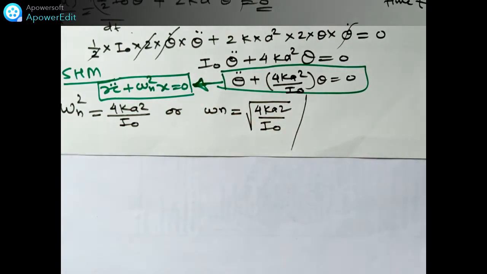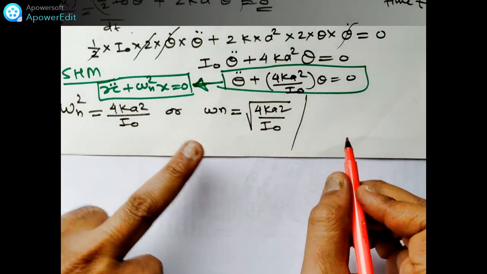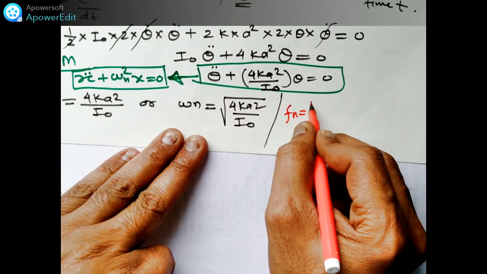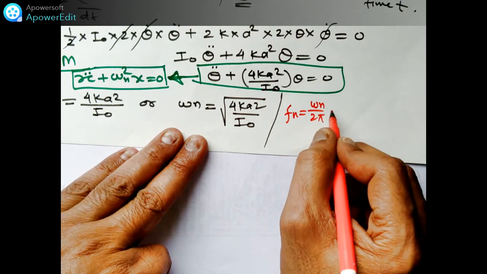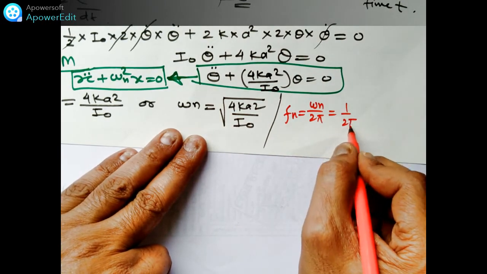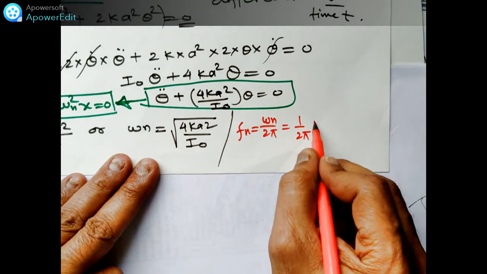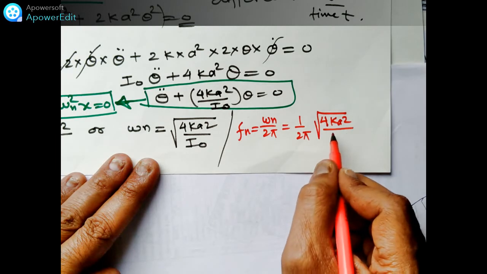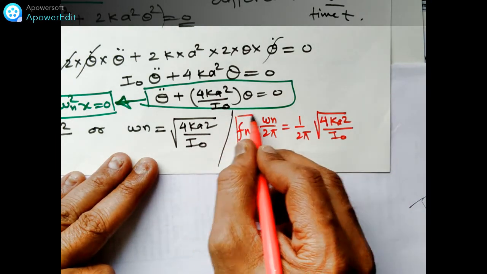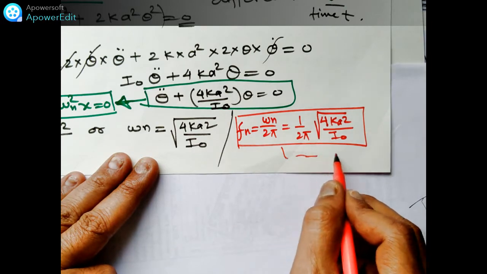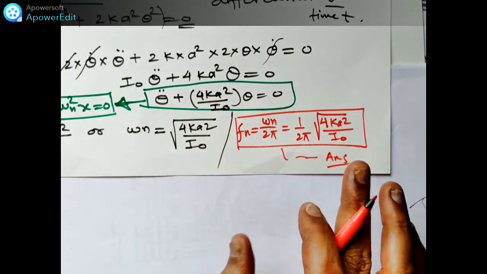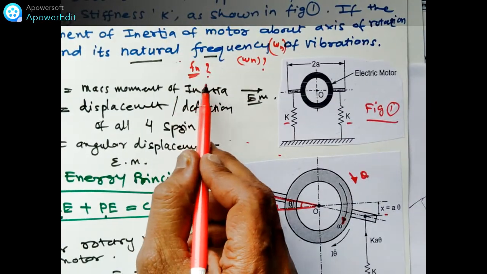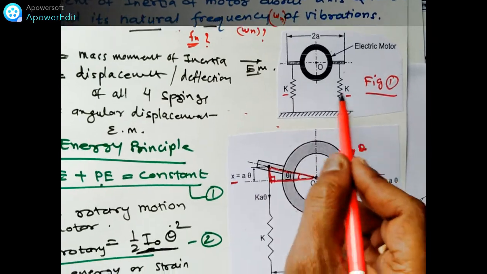For the final answer, the frequency of oscillation is Fn equal to omega n by 2 pi, or 1 upon 2 pi under root of 4ka square divided by I0. So this is the final answer which is expected. So friend, Fn is asked for this electric motor with the 4 springs.